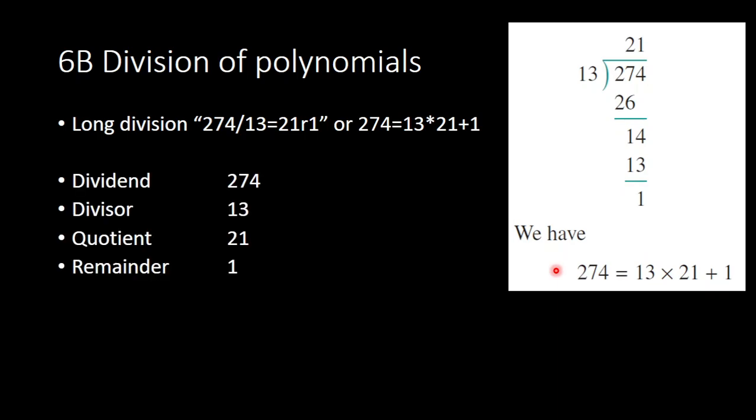And then a little bit of language. 274 is what we call the dividend. What we divide by is the divisor. As you resolve your division, 21 is your quotient and 1 is your remainder. So just remember those first three terms, which will constantly be used. Remainder is very common, you all remember what it is.